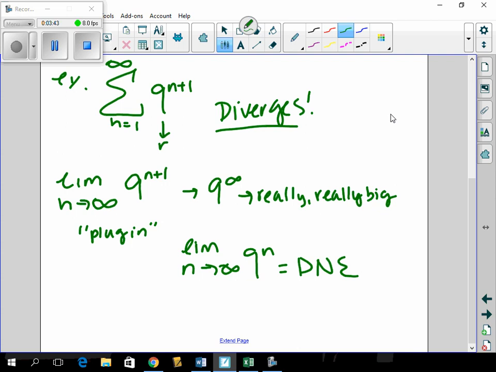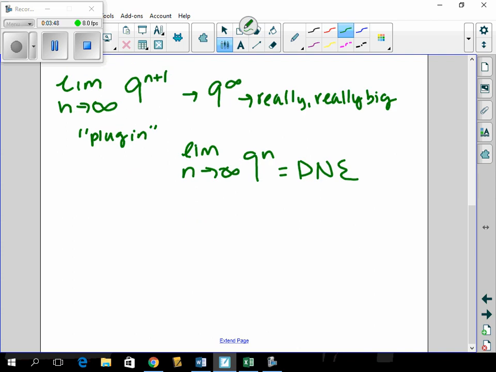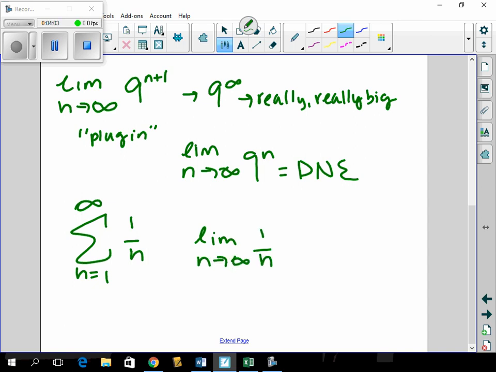This example doesn't really cover convergence. An example of a series that diverges but passes the limit test, a very easy example, is the harmonic series, n equals 1 to infinity of 1 over n. If I take that limit as n approaches infinity of 1 over n, that goes to 0.